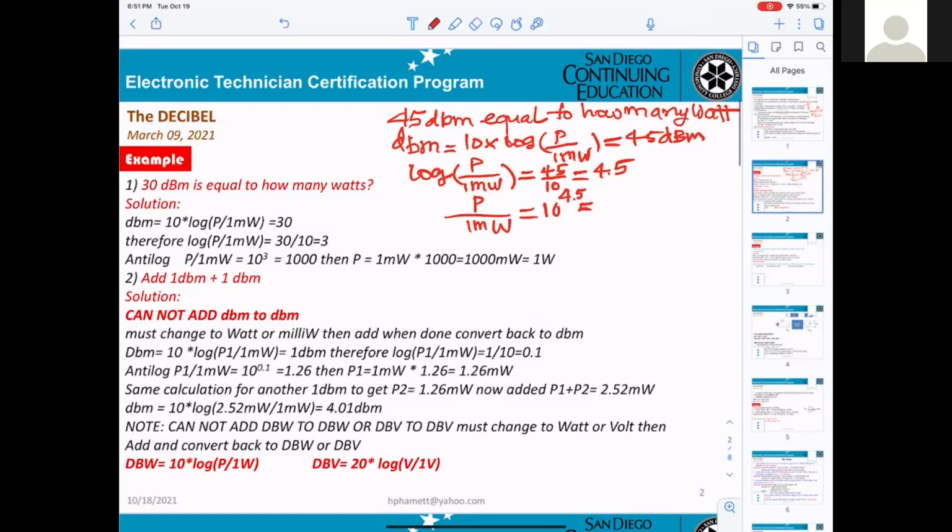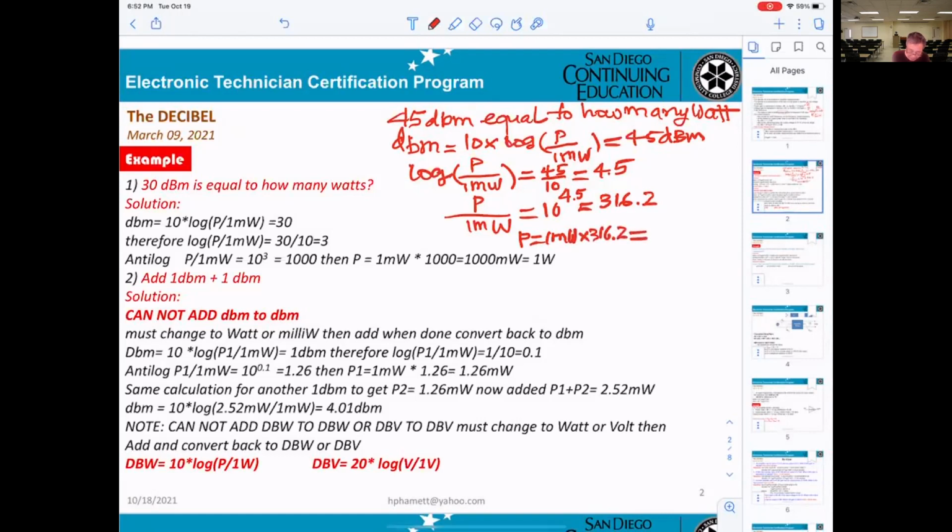316.2. Okay, so P will be equal to 1 milliwatt times 316.2. So that will be given to you as 316.2 milliwatt.